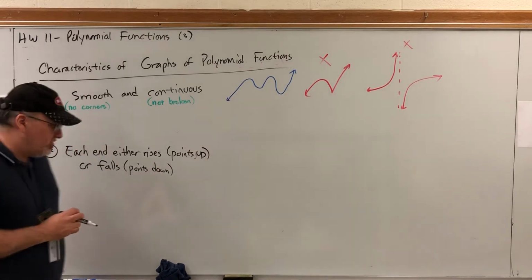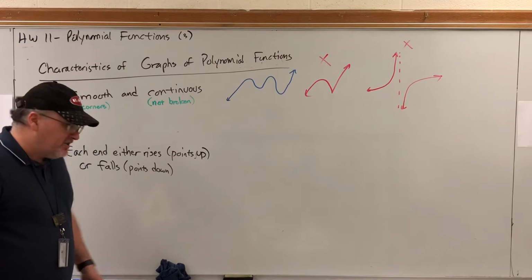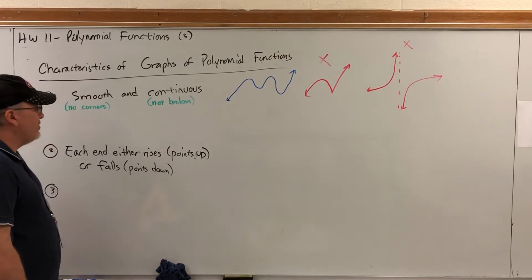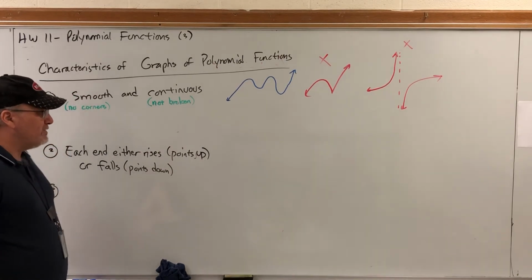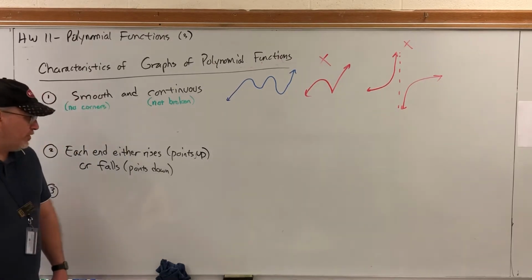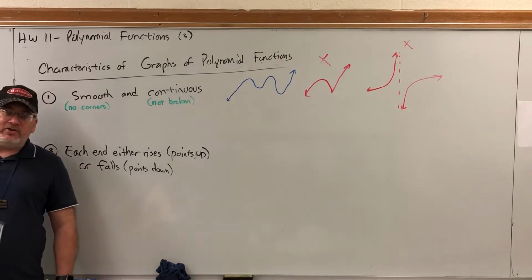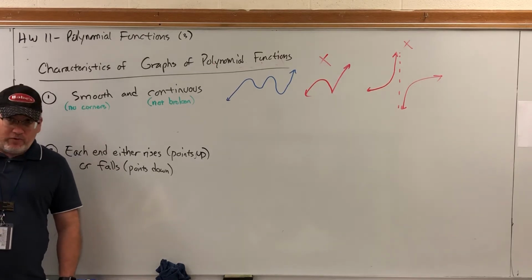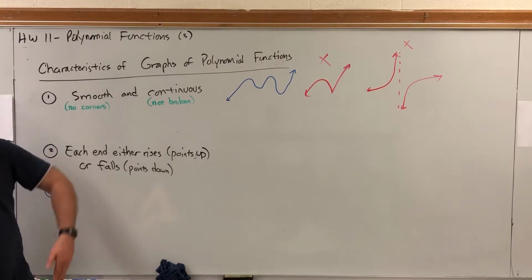The directions that the ends point is called the end behavior, and one of the things we're going to be doing in a moment is predicting in advance the end behavior of the graph of a polynomial function, meaning does the left end rise or fall, does the right end rise or fall.